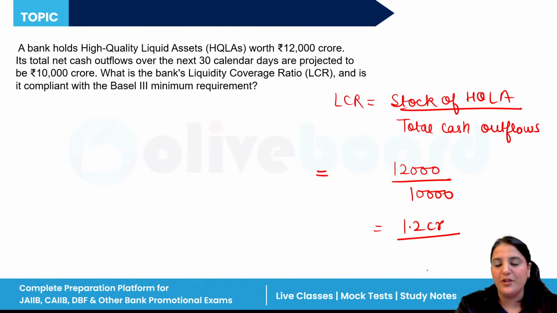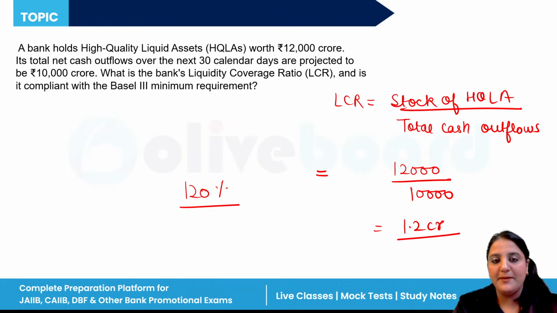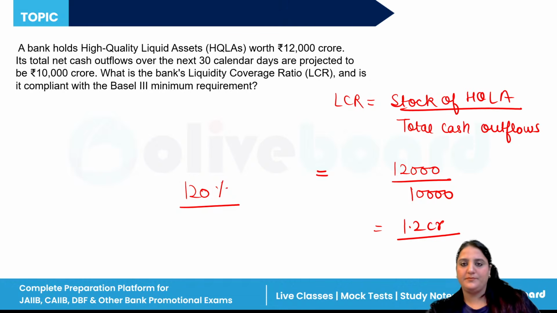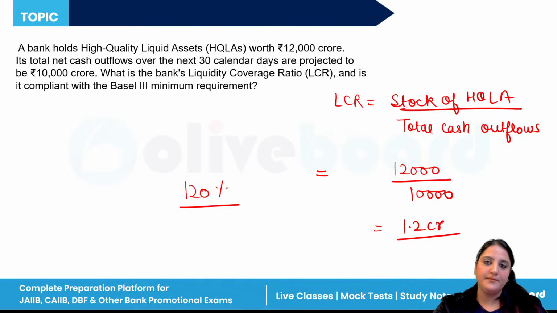If we convert 1.2 into a percentage, this is 120%. So the LCR is 120%, which is greater than the minimum requirement of 100%. The bank is compliant with Basel III norms. So the correct answer is 120%. Is that clear? You are intelligent enough, this is clear.